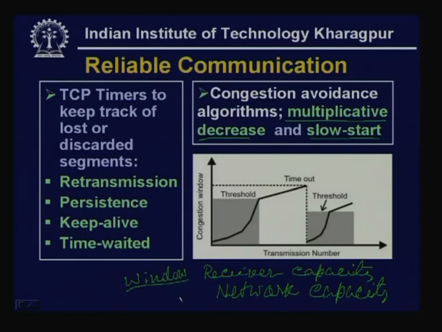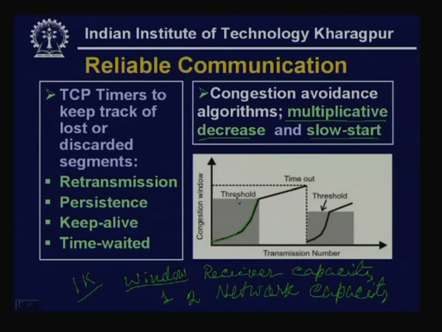the minimum of the 2 is used for sending data. Initially, suppose 1K is the segment size allowed by the network. Initially one segment is sent, and if no timeout occurs, then 2 segments are sent, then 4 segments, then 8 segments; it increases exponentially until the threshold is reached.